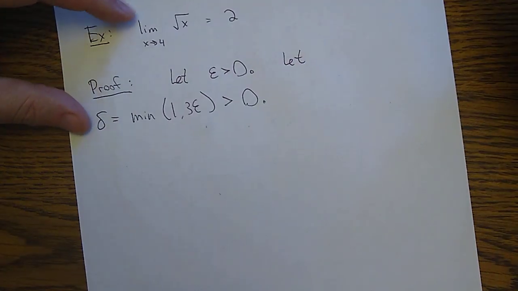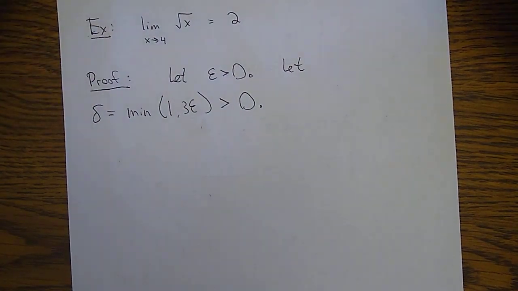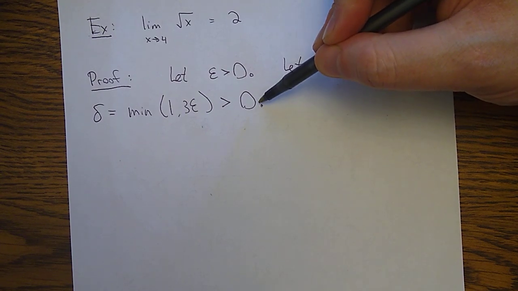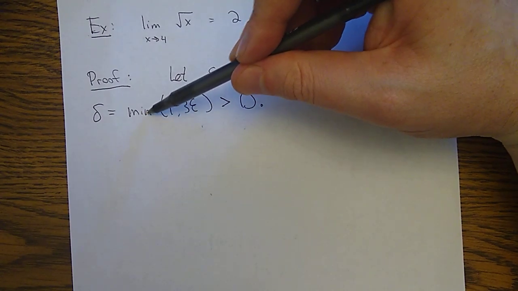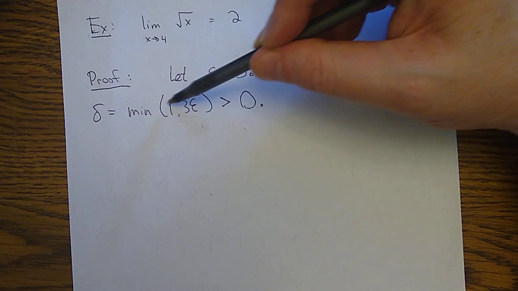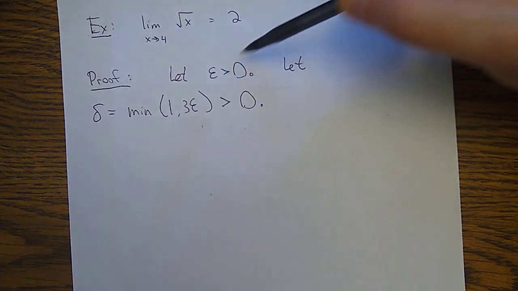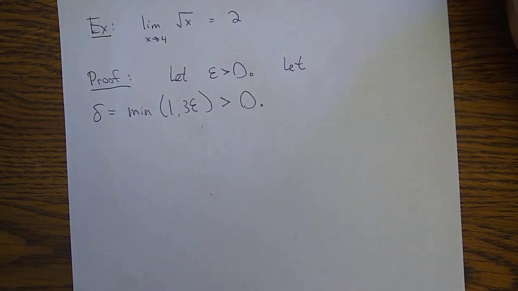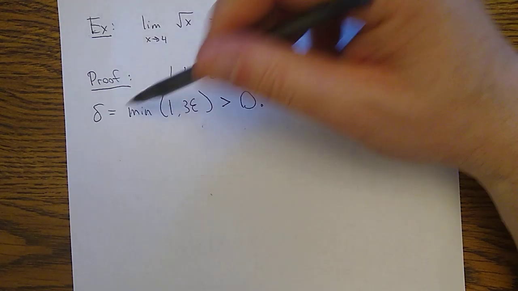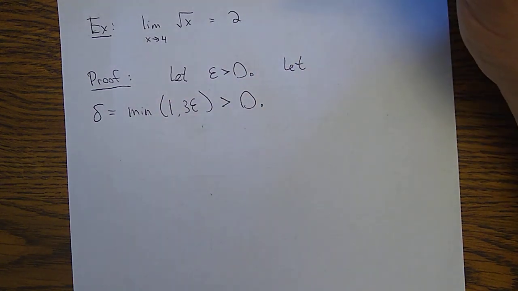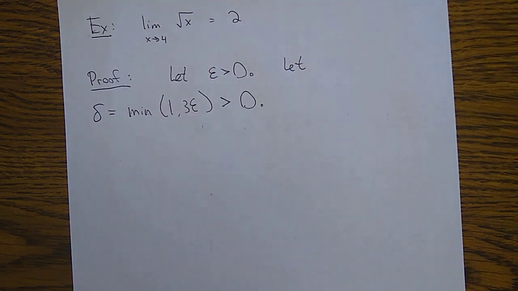Delta is supposed to be positive, so let me write that it's positive. Really, we should be checking that it's positive, but it is. It's the min of two positive numbers. 1 is a positive number, and 3 epsilon is a positive number because epsilon is a positive number. So the choice that we made is indeed a positive number. That's important, so we should check it, but it's fine, it's true.